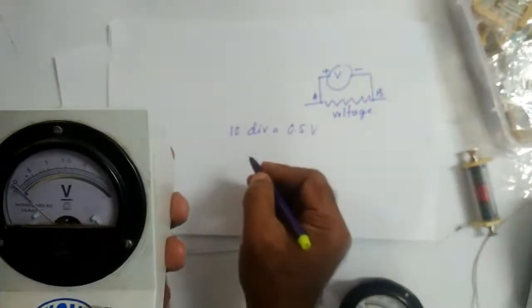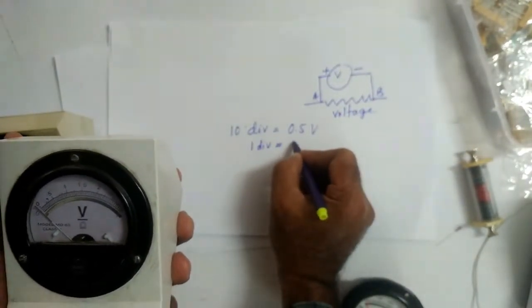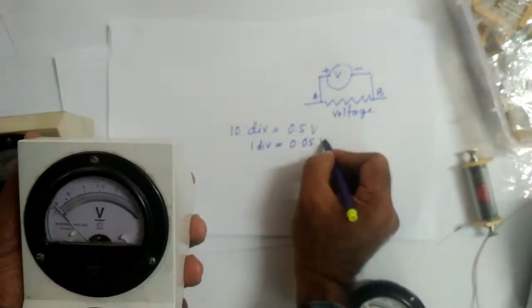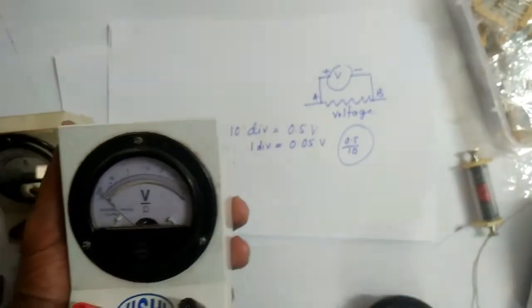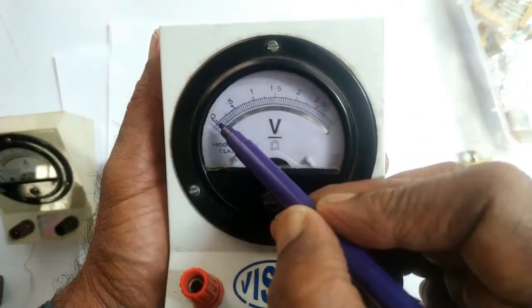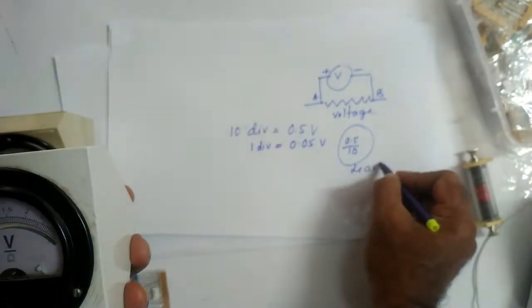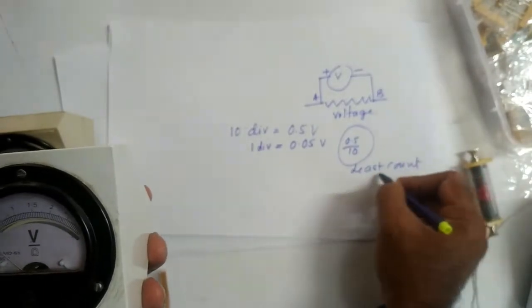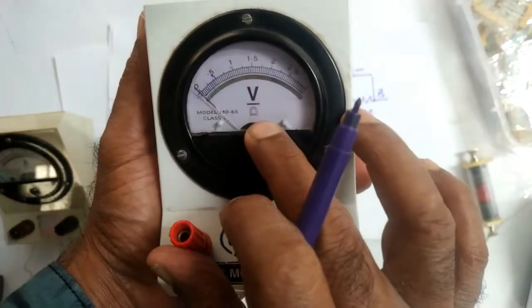So what does one division give? One division will be equal to 0.05 volt, because 0.5 divided by 10. That is the value of one small division, and that is the least count. So we have found the least count of this.